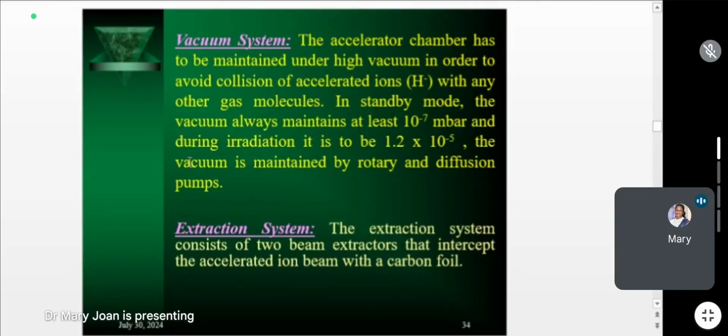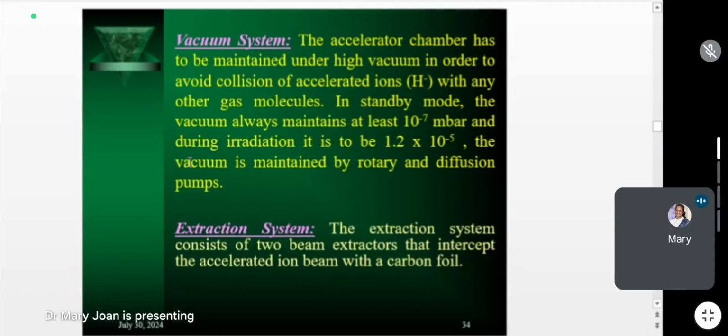In the vacuum system, the accelerator chamber has to be maintained under high vacuum in order to avoid collision of accelerated ions, protons, with any other gas molecules. Protons are nothing but hydrogen gas with the electron removed.